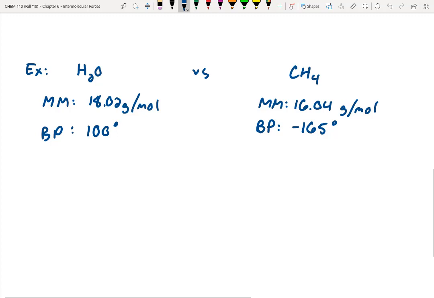If we think about which of these has the stronger intermolecular force, which one do you think has a stronger intermolecular force, water or methane? It must be water, right? So we'd say higher boiling point equals stronger IMFs.